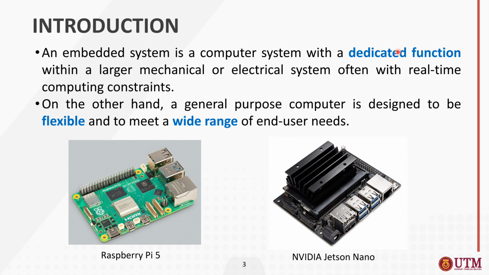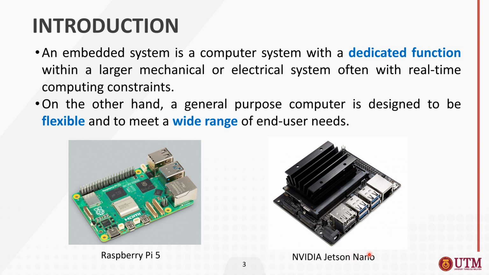Alright, so the example of the embedded system, as you can see here, there is a newer version of Raspberry Pi, which is the Raspberry Pi 5, and the other one is the NVIDIA Jetson Nano. So for Raspberry Pi, usually we do some electrical, electronics and mechanical functions, okay? For example, you wanted to move your robot, or you wanted to move your auto gate, or you wanted to move something, okay, so you can use Raspberry Pi.